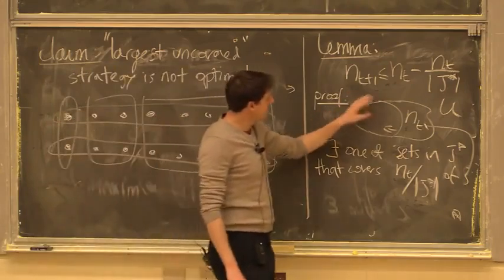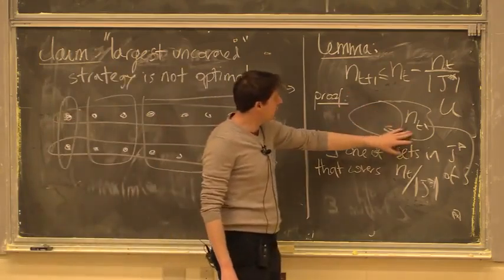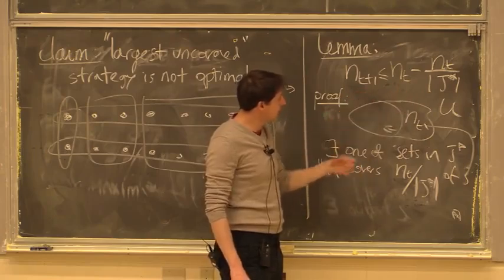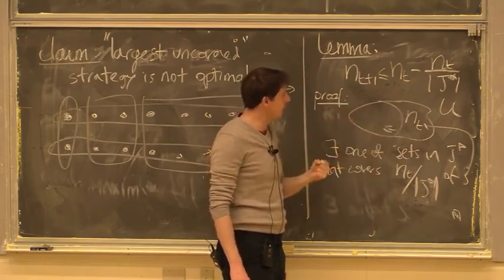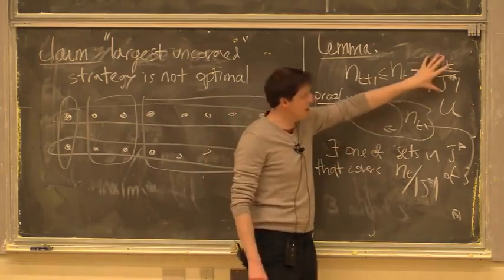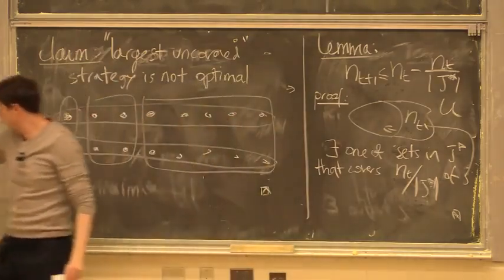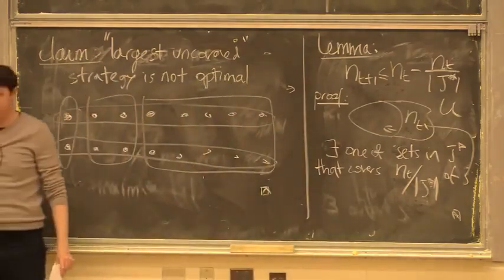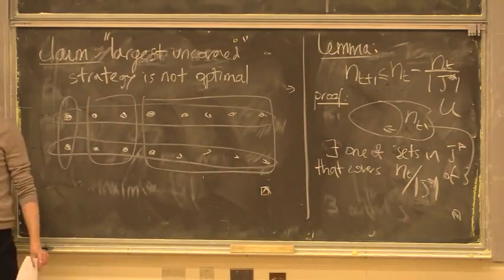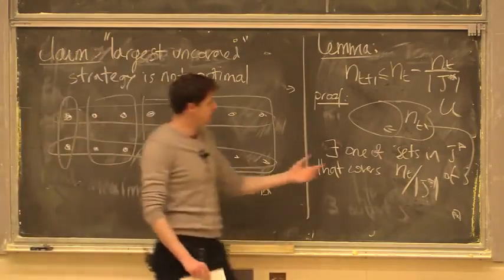Okay. So here, I want to argue that my next choice from t to t plus 1 is going to involve a set that covers at least this many. Why? Because I'm picking the largest one among those that I haven't picked yet. So let me argue that.